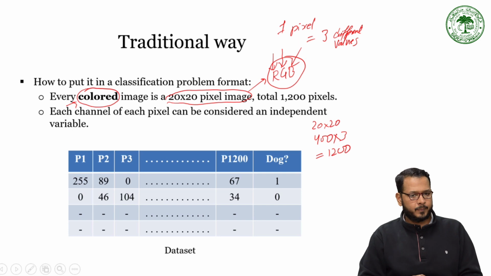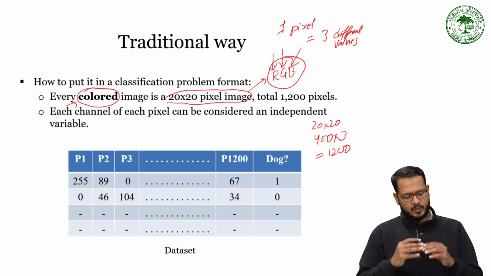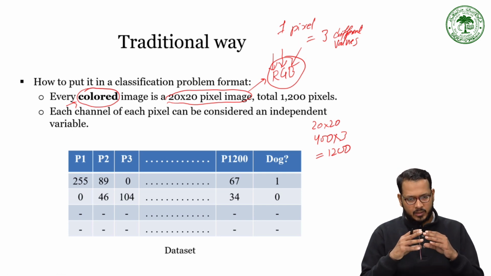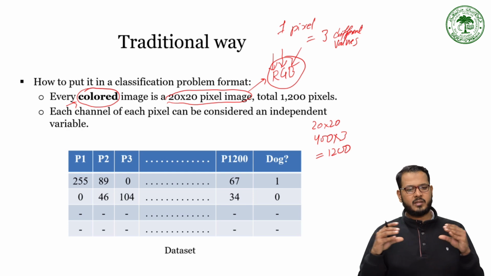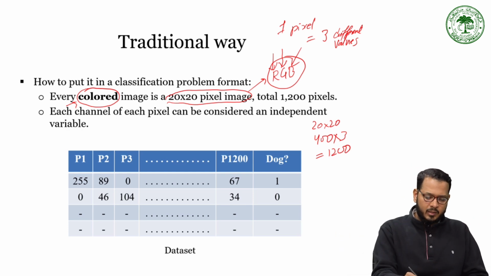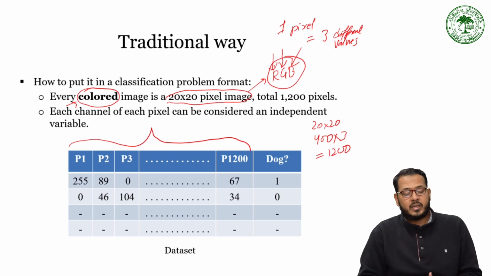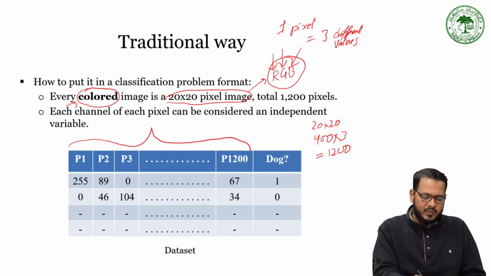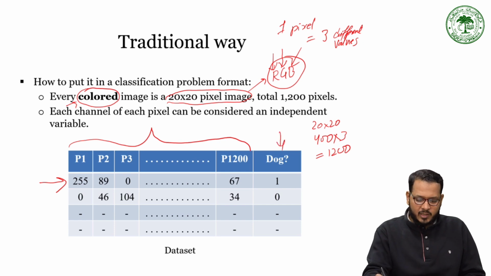1200. So in this case, when the image is colored, when we stretch our image in the form of a vector, we might have more values than the grayscale image. In this specific case, the total number of variables are 1200. The rest of the process is same. For an image, we will stretch it like this, and then we will see what is the corresponding class.